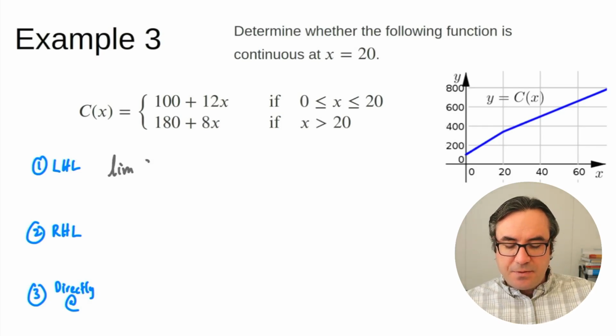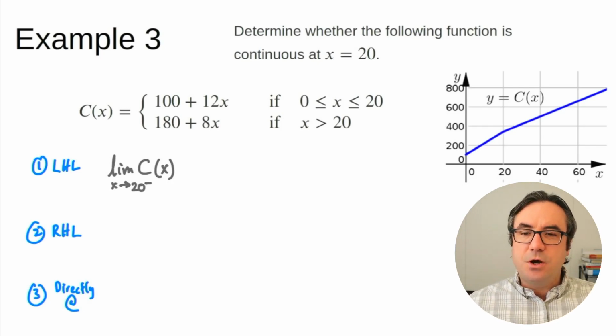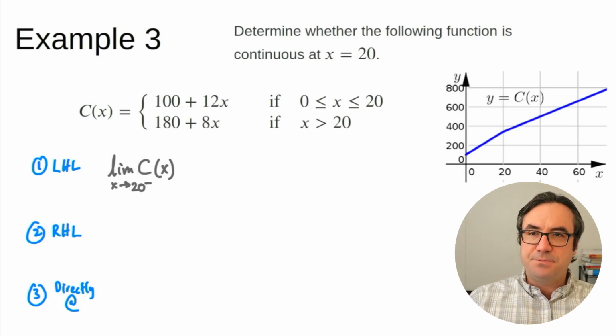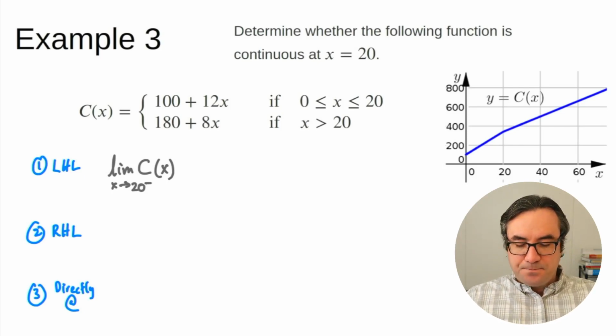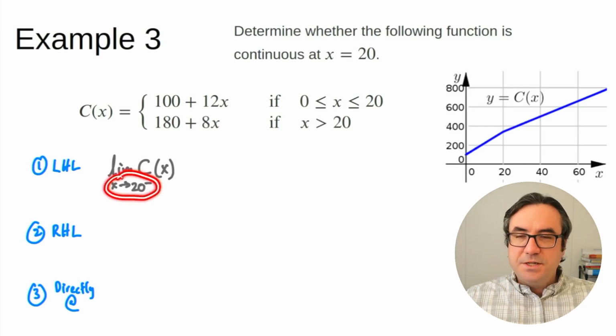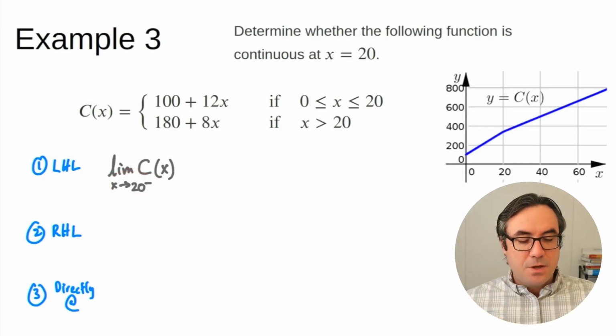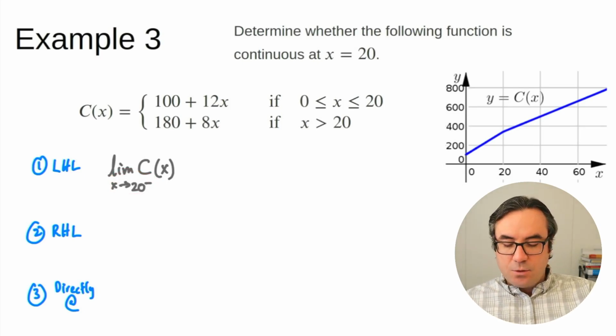So we're going to calculate the left-hand limit of our function. And again, we're interested in what's going on right around 20. So we're going to approach 20 from the left. What does it mean if we're approaching 20 from the left? Well, if that's the case, we're using x values that are slightly smaller than 20.